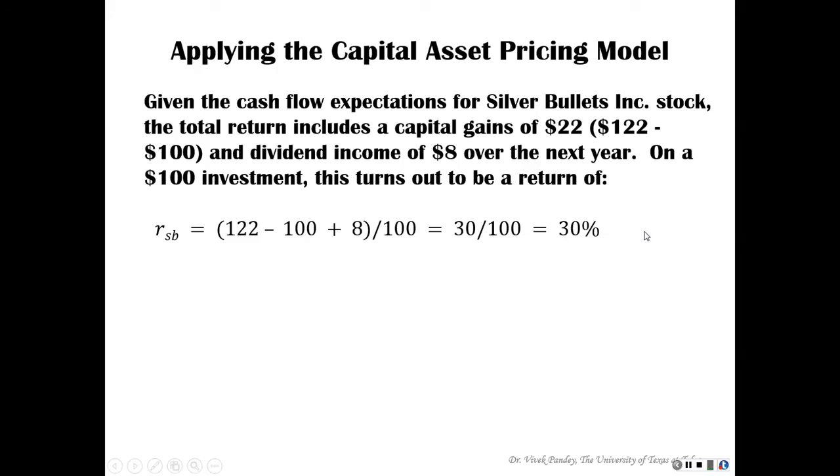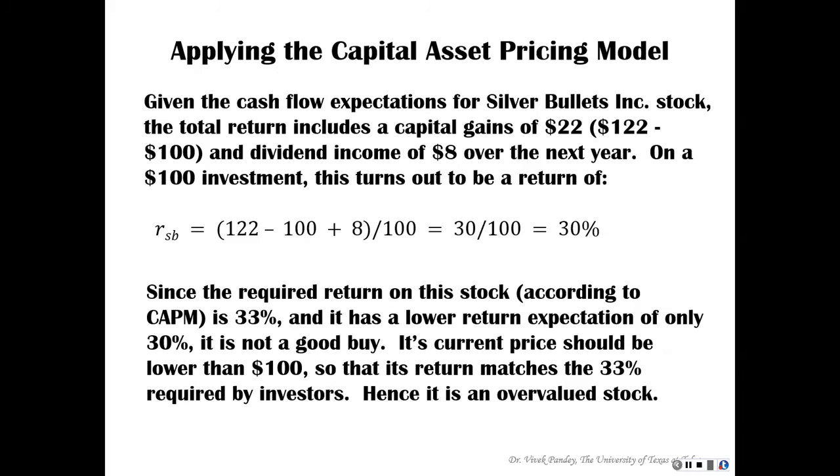Well, we just found out that the stock should return 33% according to the capital asset pricing model. According to theory, given its level of beta, it should, right? So since the required return of the stock is 33%, it has lower return expectation of only 30%, right?